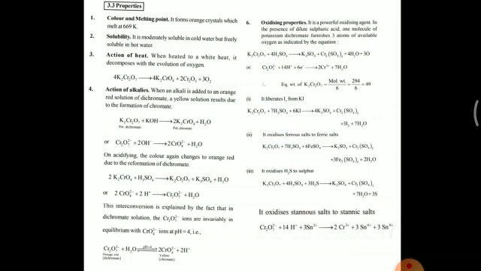Equation: potassium dichromate K2Cr2O7 plus 7H2SO4 plus 6KI gives rise to 4K2SO4 plus Cr2(SO4)3 plus 3 iodine I2 plus 7H2O. So it oxidizes potassium iodide to iodine.